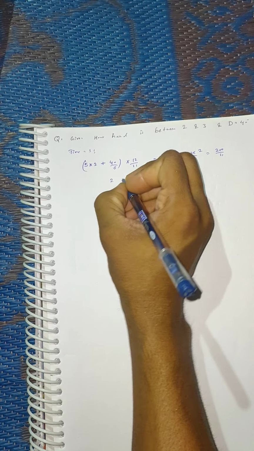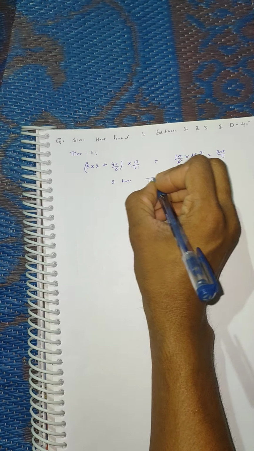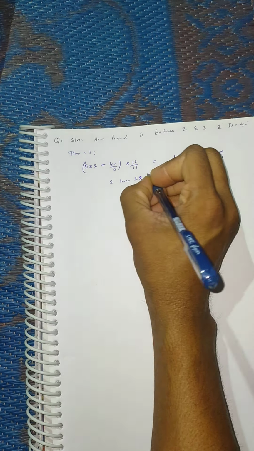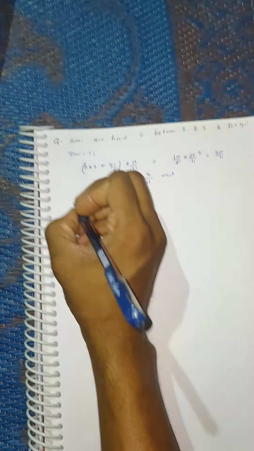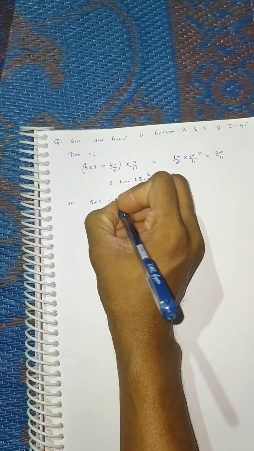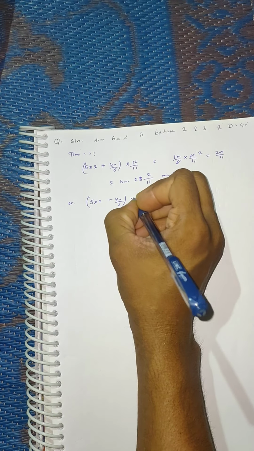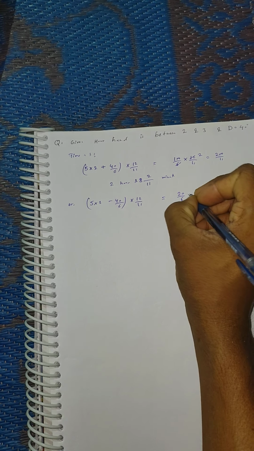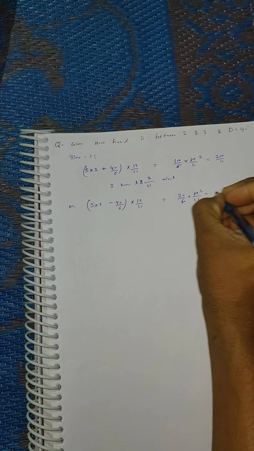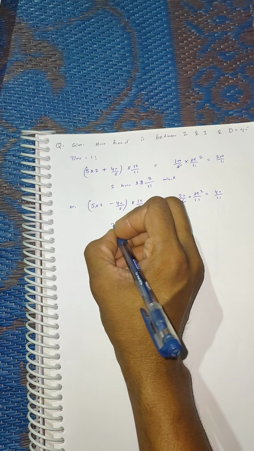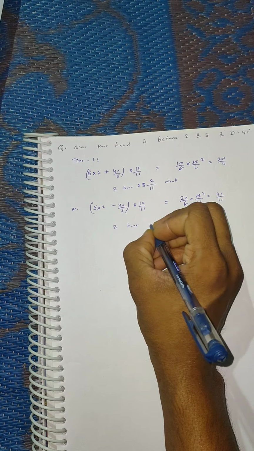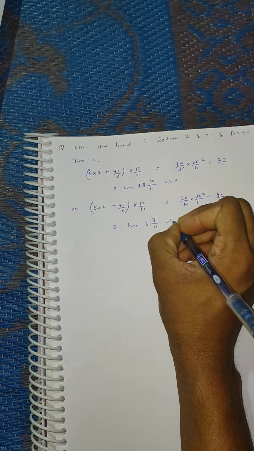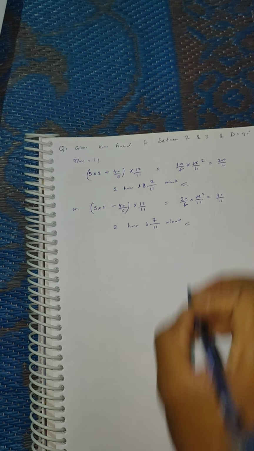So time would be 2 hours 18 2 by 11 minutes, or 5 into 2 minus 40 by 6 into 12 by 11, 20 by 6 into 12 by 11, 40 by 11, means time would be 2 hours 3 7 by 11 minutes. So both answers are correct.